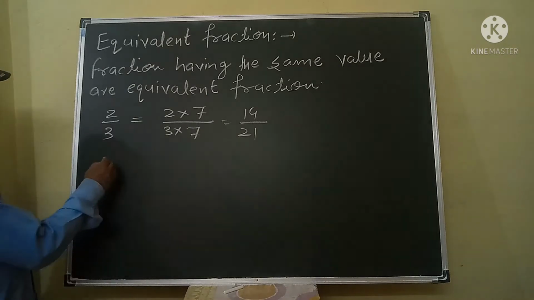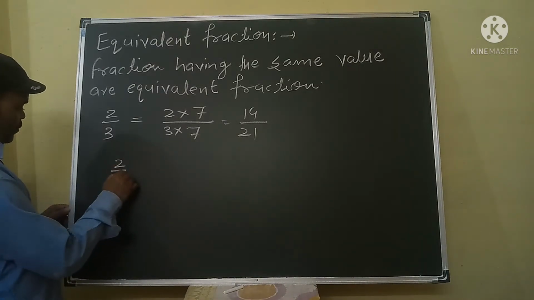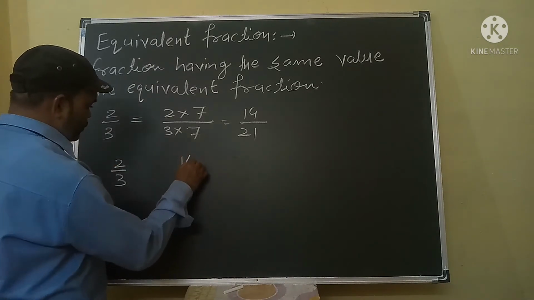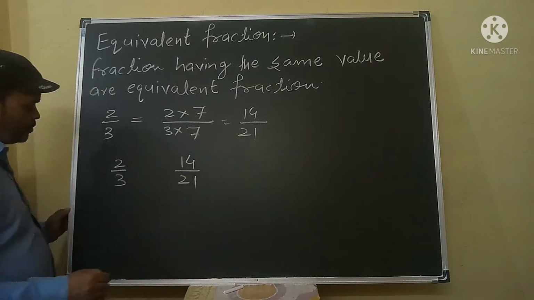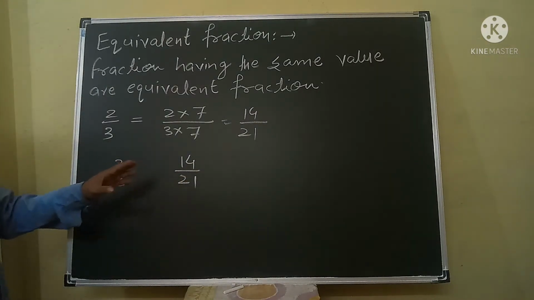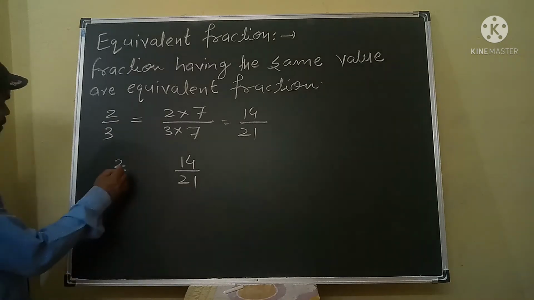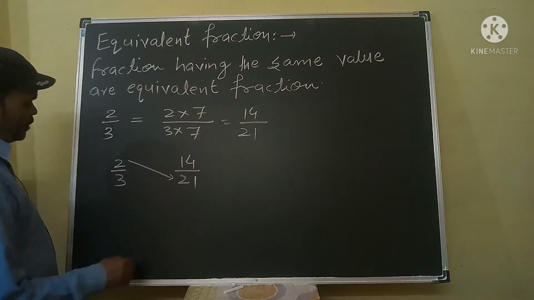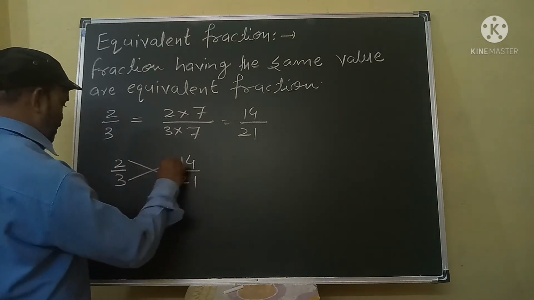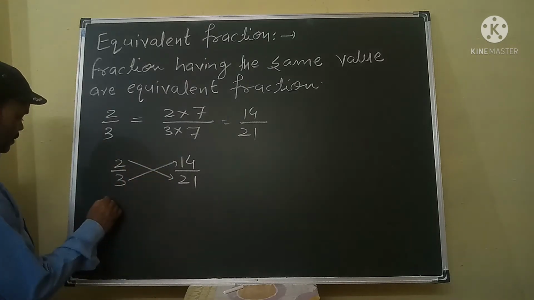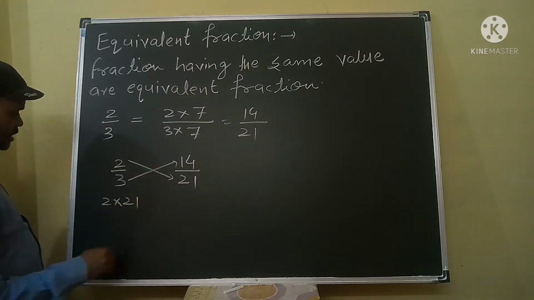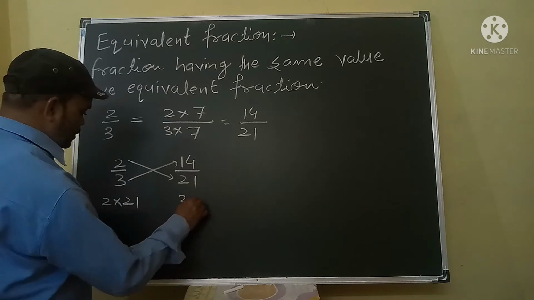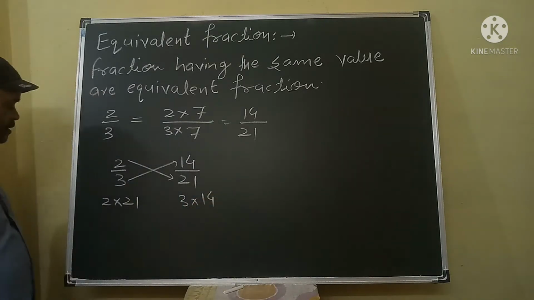Easily we will check. This is 2 upon 3 and this is 14 upon 21. Okay. By the help of cross multiplication, 2 multiplied by 21 and 3 multiplied by 14.